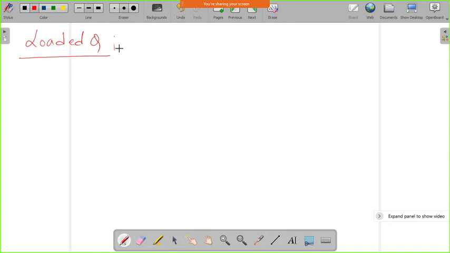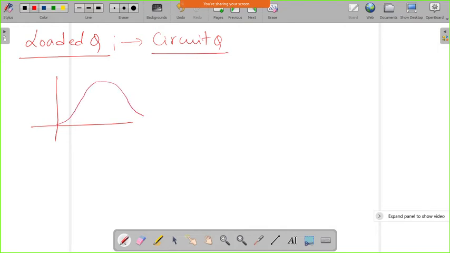This loaded Q is also called the circuit Q. It describes the passband characteristics of the resonance circuit. If I have the passband characteristics like this, the loaded Q defines them.